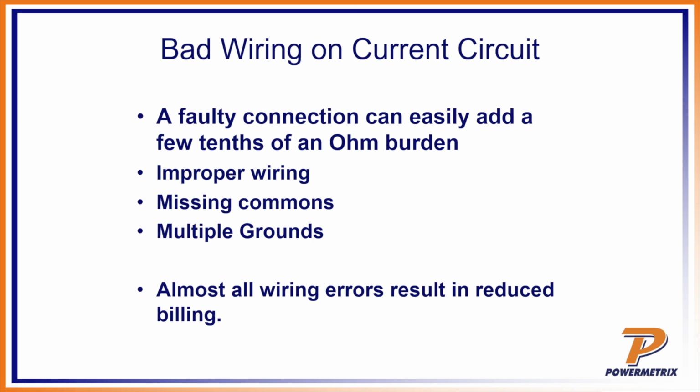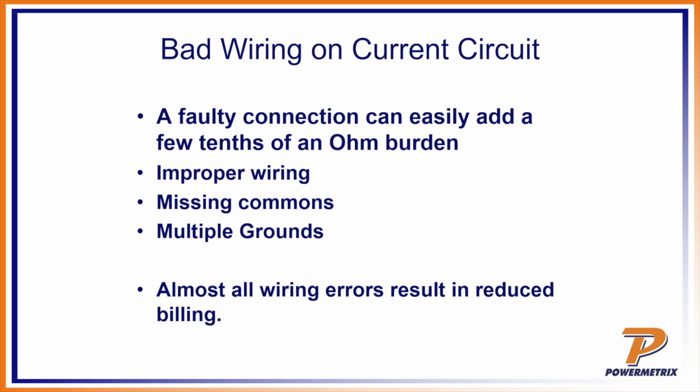So another thing is bad wiring on a current circuit. A faulty connection can easily add a few tenths of an ohm in burden. There can be improper wiring. That's not just bad connections, but maybe the wrong gauge wire or the wrong direction, missing grounds, or even multiple grounds.